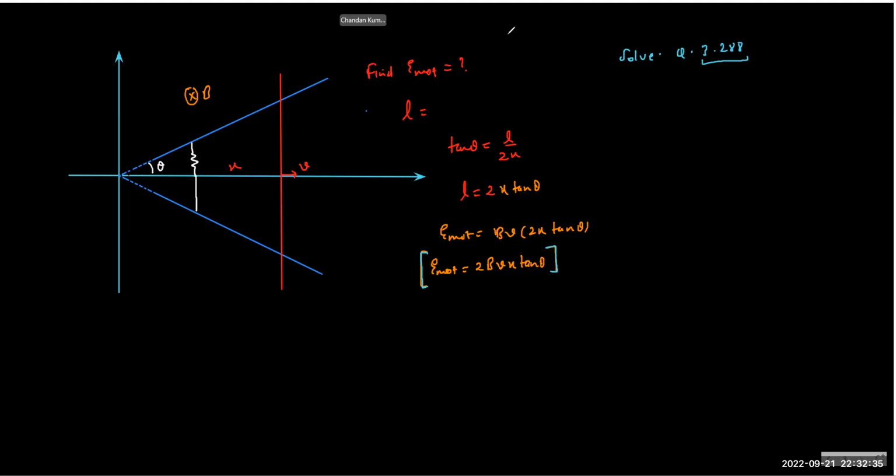So 2b under root y by omega t. Check the answer.